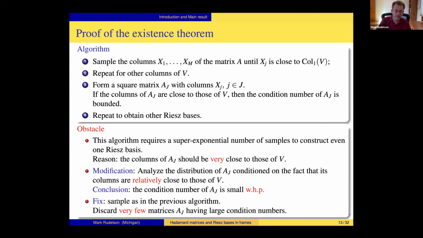And we get many different matrices A_J, and we discard a few matrices which have large condition number. This conditional statement will tell us that what we discard is very few copies. So most of the copies will have a small condition number, and this is good enough for us. This basically would finish the proof of the existence theorem. Of course, model is one thing.